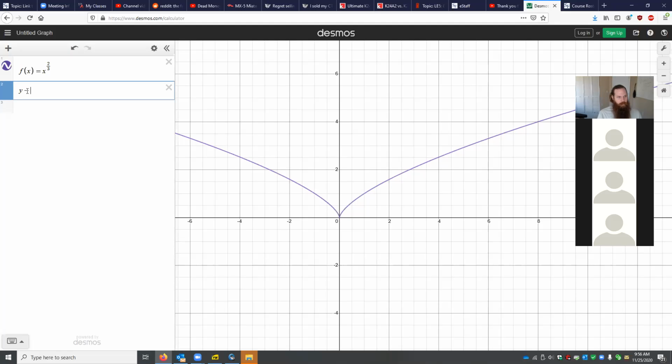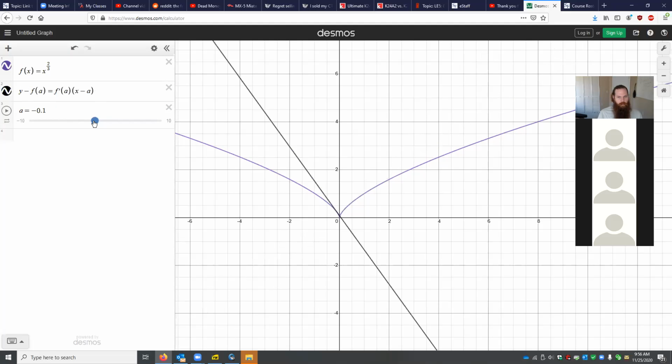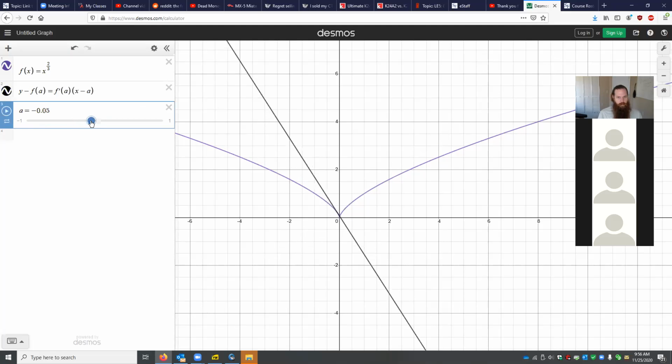I could say y minus f(a) equals f'(a) times (x minus a). We can have a slider for a. And here's your tangent line, right? And you notice that as you get closer and closer to 0, I'm going to take smaller steps. As I get closer and closer to 0, this tangent line gets more and more vertical.